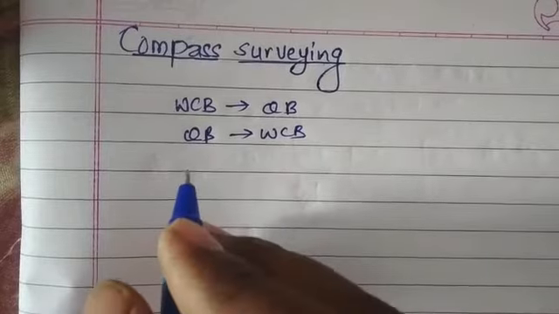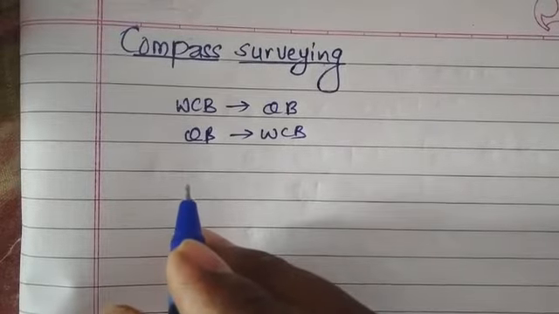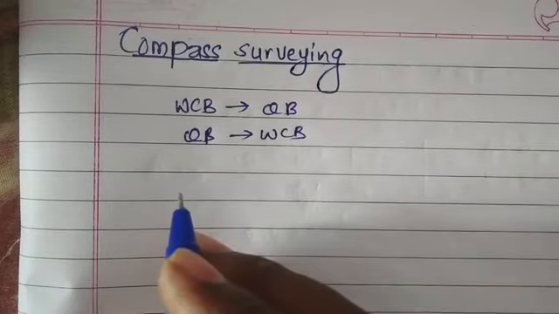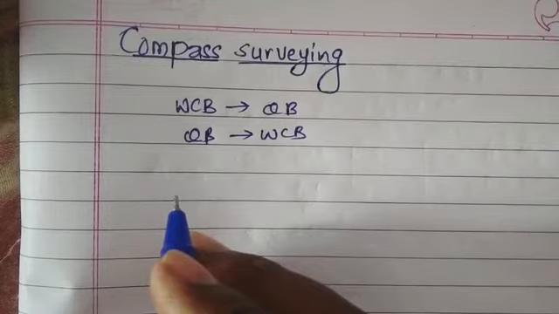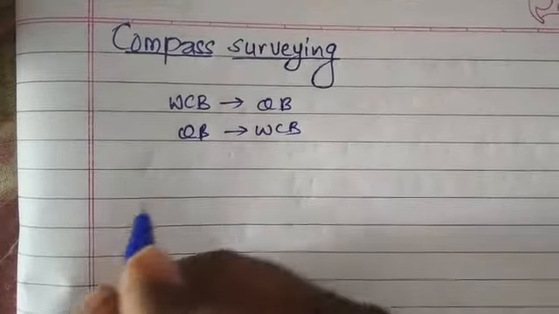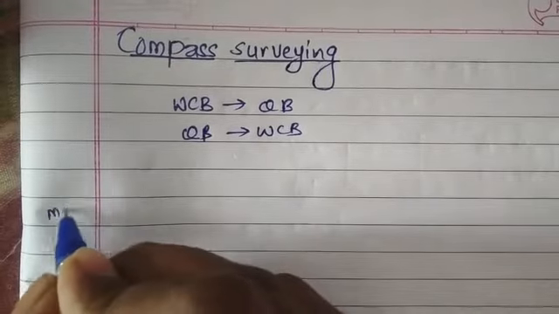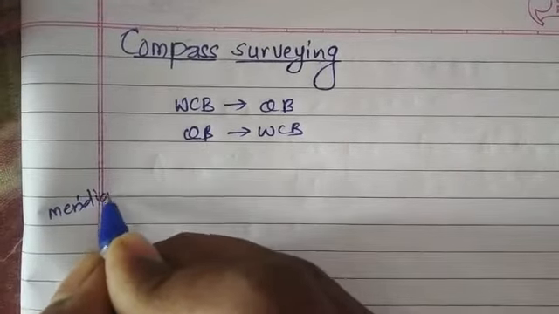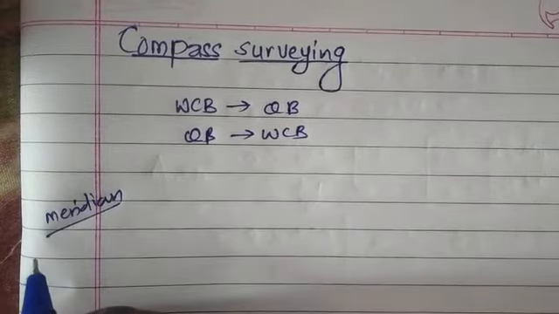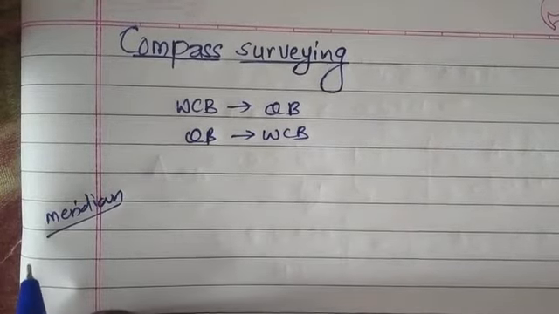In this chapter till now we have discussed various terms like the definition of compass surveying. Then we have discussed the types of meridian. After that we have also discussed the difference between angle and bearing.